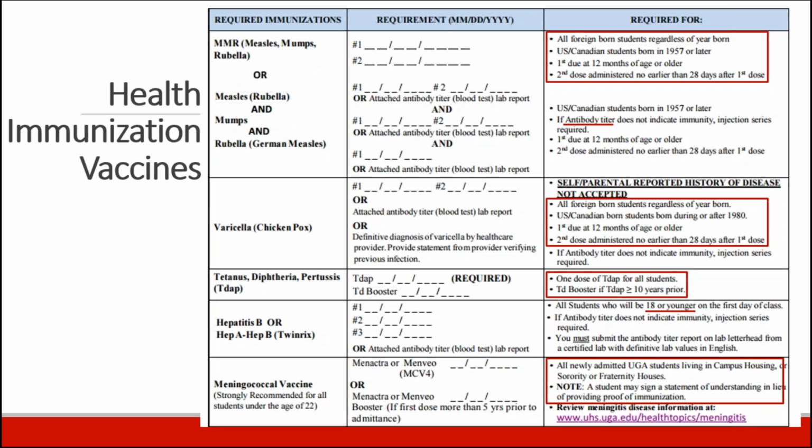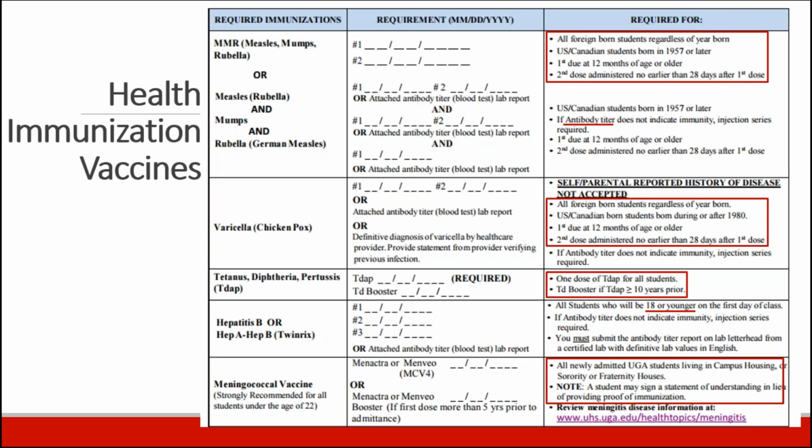Your second dose must be given at least 30 days after your first dose. So if you go to the doctor today and they give you your first dose, you must wait 30 days until the second dose. So that's why it's important to get it done now, because you don't want to have a delay with your second dose of immunization.